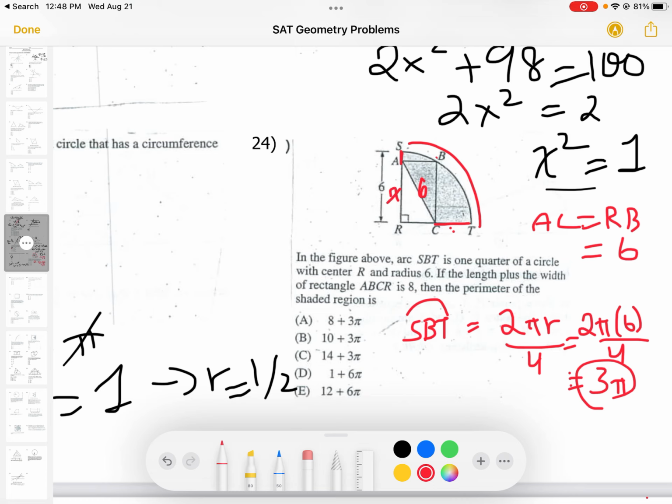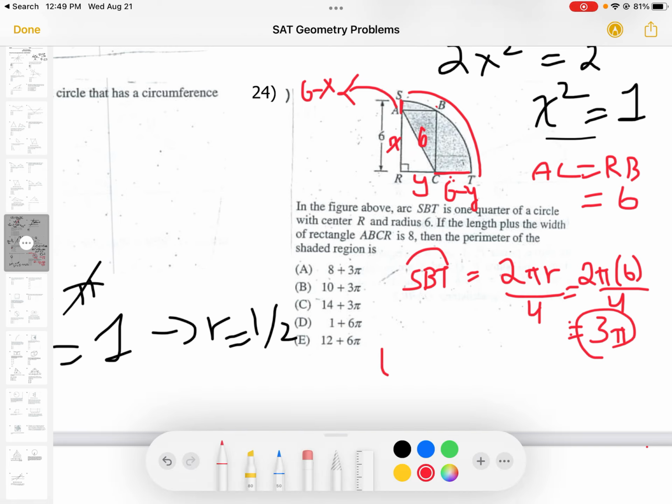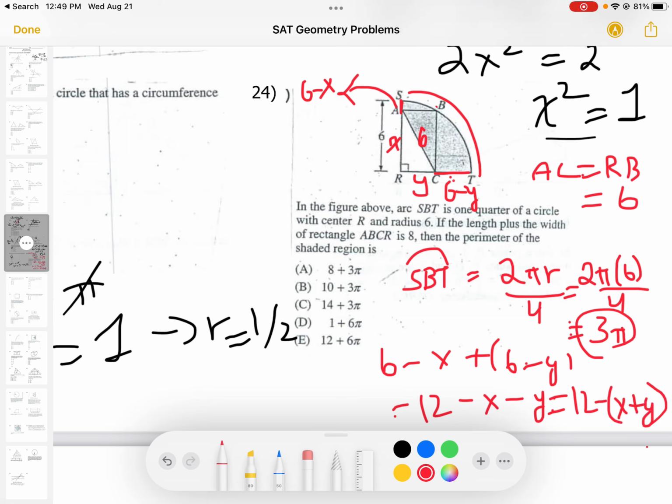If we call this length of the rectangle x and this length y, well then we know that part is 6 minus x and this part is 6 minus y. And now if we add them together, what do we get? 6 minus x plus 6 minus y is equal to 12 minus x minus y, which is equal to 12 minus the sum of x plus y.